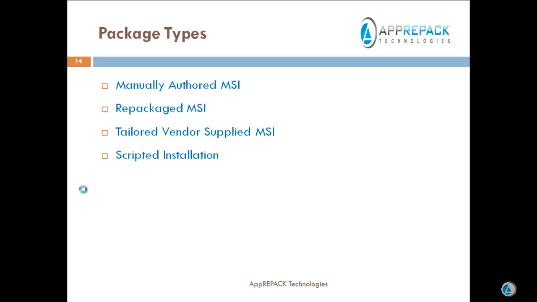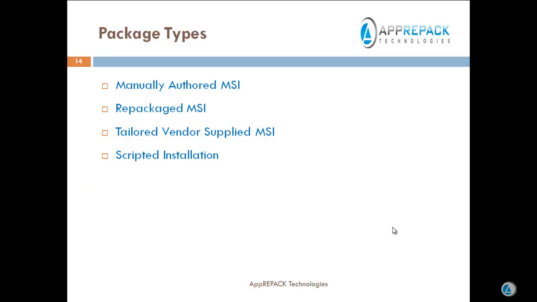For vendor MSIs, we are going to create something called a transform, and we call it tailoring. The process of creating the transforms is called tailoring or tuning. This part is also part of our daily activities of application packaging.